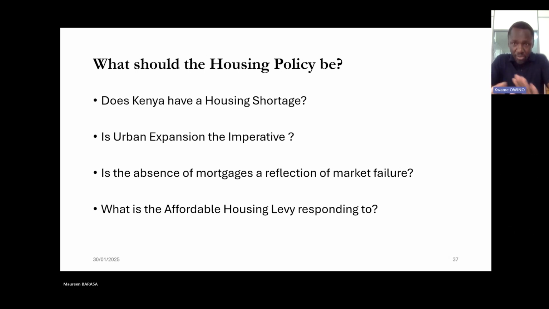That's not the government's fault. I'm not saying it's the government's fault, but they're responding to a demand, and yet on the other side, housing costs are too high because people have much lower incomes.